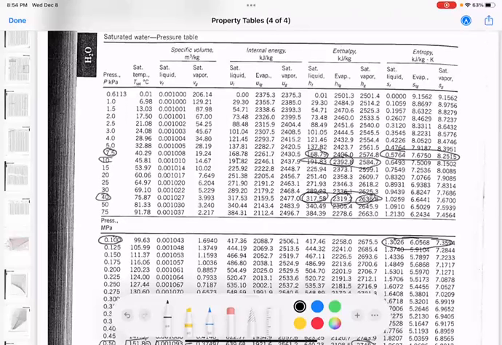We're going to do exactly what we've done for internal energy and for enthalpy. We're going to see how far along we are between this value and this value, and that's our quality. Then we'll use that to find our enthalpy. These values are 1.3026 and 7.3594.